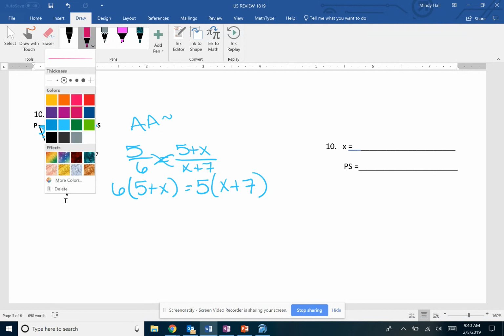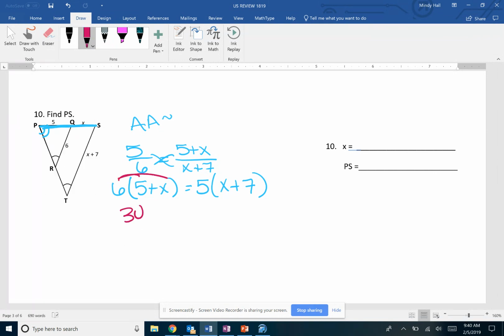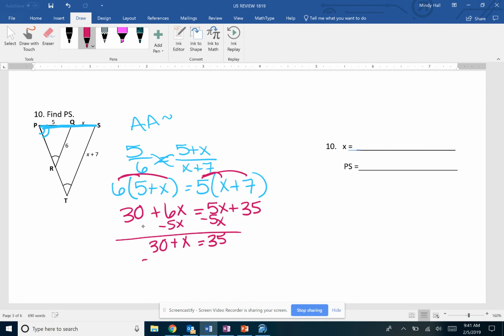Then when we distribute, you get 30 plus 6x equals 5x plus 35. When you subtract the 5x, you get 30 plus x equals 35. Then you'd subtract the 30 to get x equals 5. If x equals 5, you're just plugging that in. So to find the length of PS, you'd have 5 plus 5, which is 10.